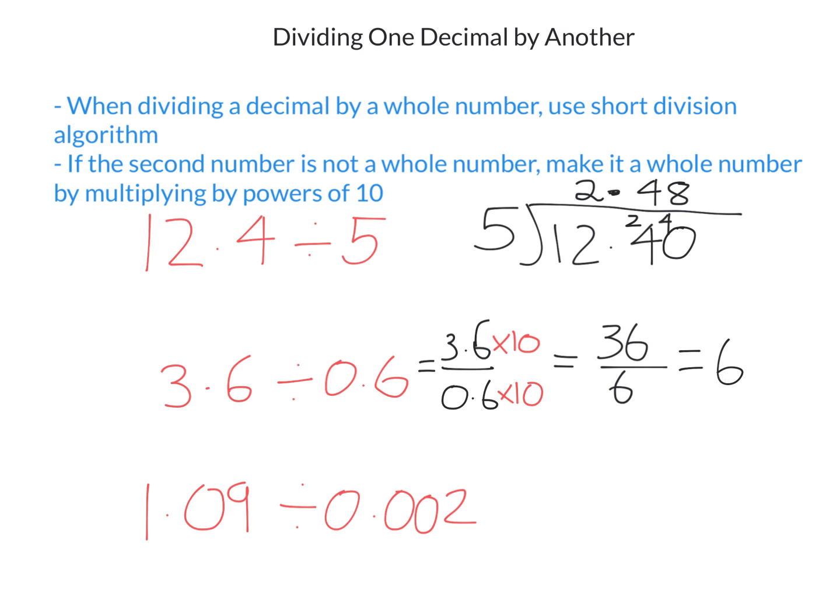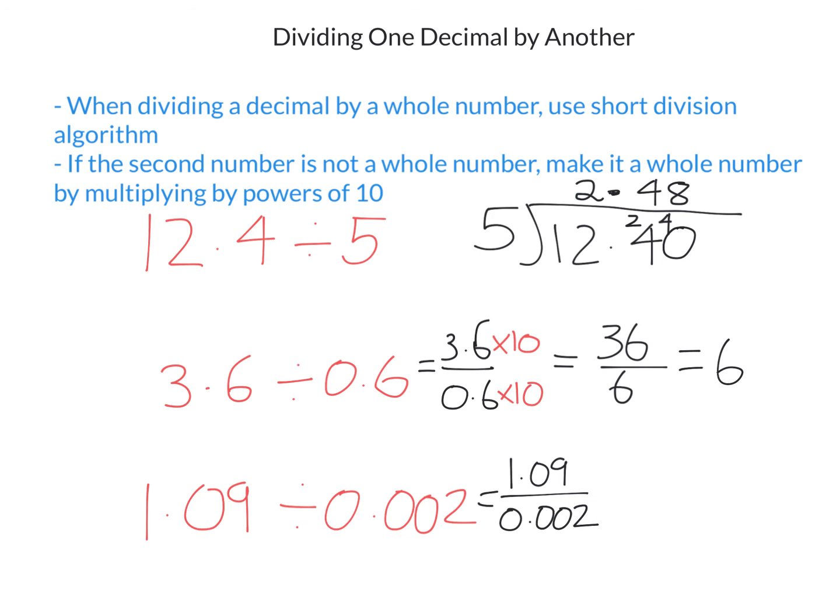Really easy. So let's use a similar trick here, 1.09 divided by 0.002. Once again, I really want this bottom number to be a whole number. How can I make this into a whole number? Well, I can multiply by powers of 10. It would be a whole number if I could move the decimal point 1, 2, 3 spots to the right.